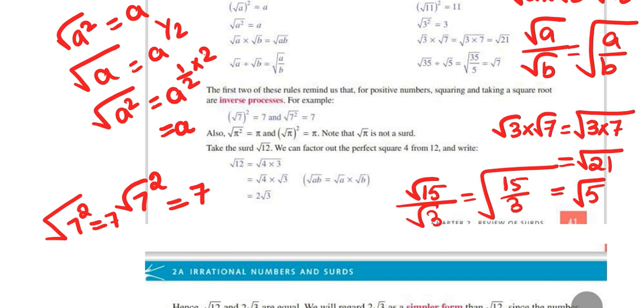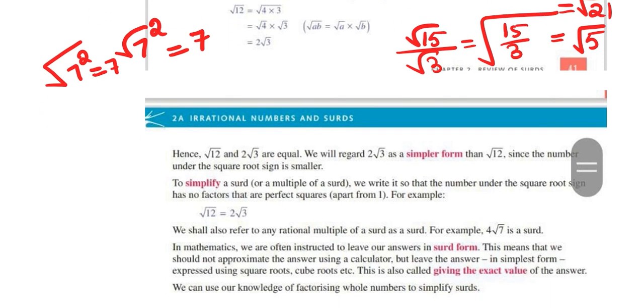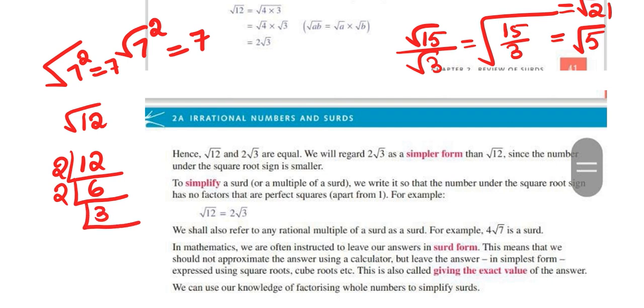Both values are same. Then if you want to find out the square root of 12, just find out the prime factorization of 12. Prime factorization of 12, it is 12 divided by 2, it is 6. Again 6 divided by 2, it is 3. Again 3 divided by 3, it is 1. So 12 you can write it as 2 times 2 times 3.